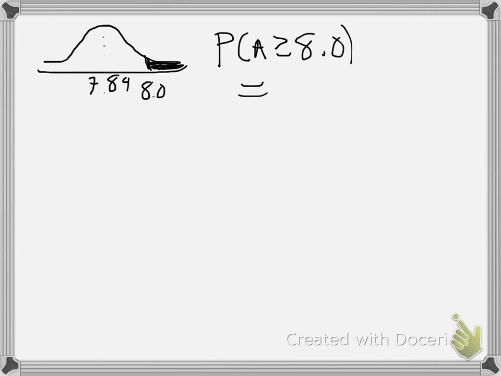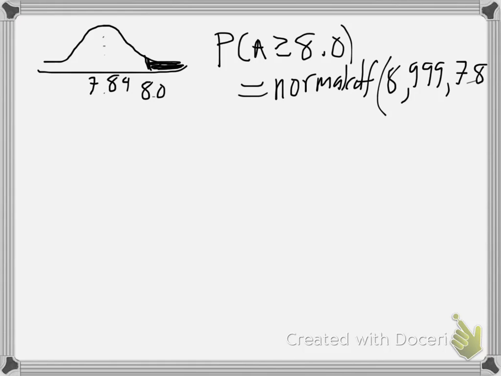And I'm going to go in here, normal CDF on my calculator. And if we recall, we put LUMS: lower, upper, mean, standard deviation. I can tell by my drawing the lower is going to be 8, the upper is going to be infinity, so I'll put a bunch of 9s. The mean was 7.84. And the standard deviation, excuse me, I'm running out of room there, was 0.08.